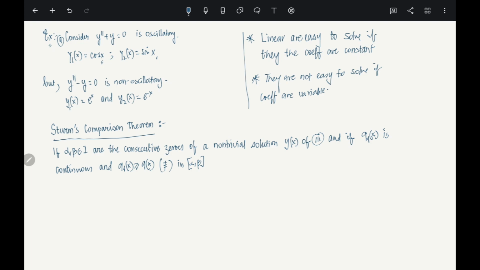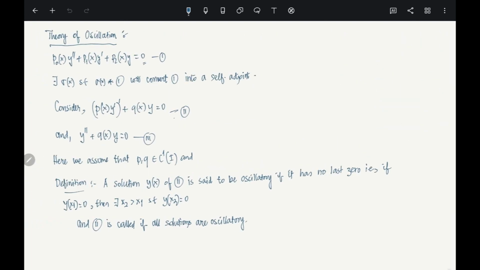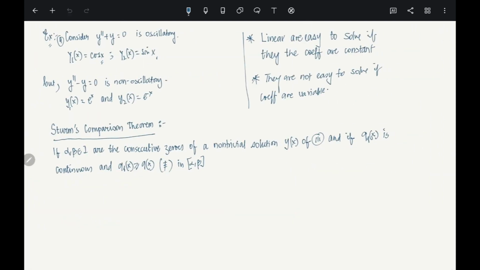Since both are continuous, if they differ at one point, they differ in some neighborhood of that point. That is the only assumption.